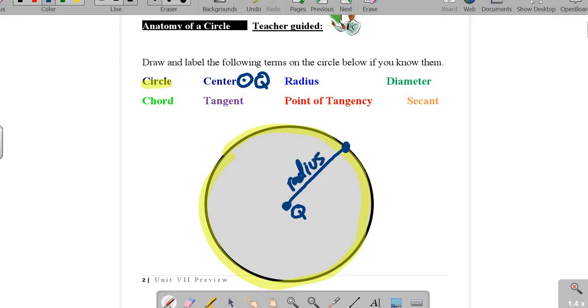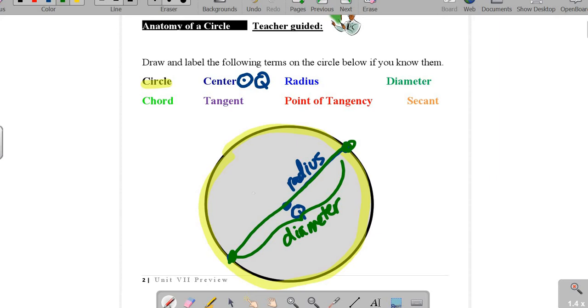A radius is like a spoke in a wheel, center to the circle's edge. A diameter goes all the way across, 2 radii, endpoints on the circle.